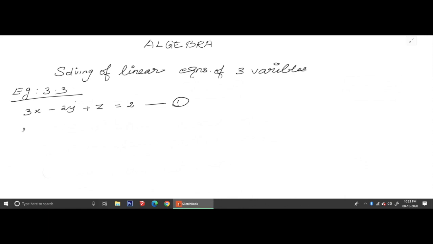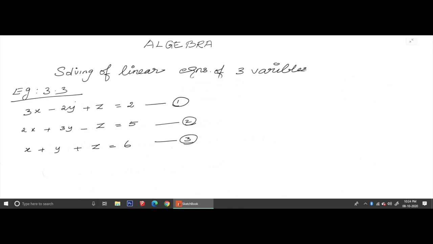It is 2x plus 3y minus z is equal to 5. And the next one, it is x plus y plus z is equal to 6. So here, you can name the equations as 1 and this one as 2 and the last one as 3.